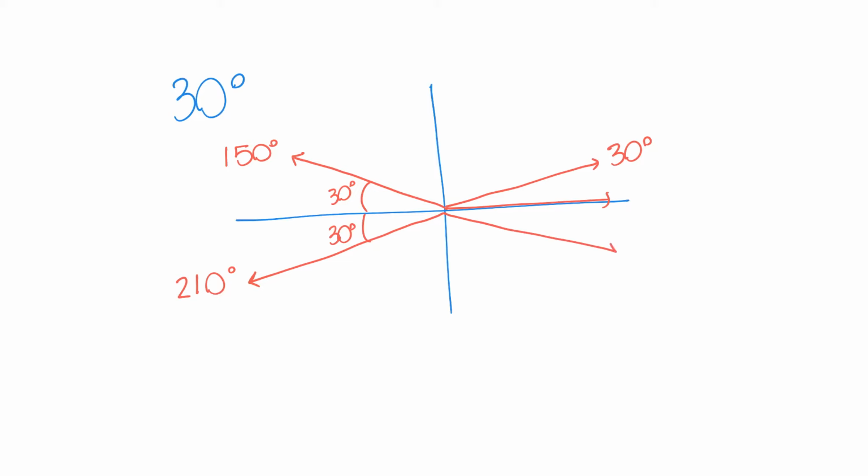And then over here, my 30 degree reference angle is going to give me an angle in standard position at 330. So same deal. This 150, 210, 30, and 330 are all associated together because they share a reference angle of 30, and 30 is a special angle.